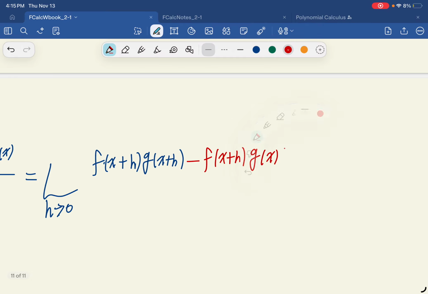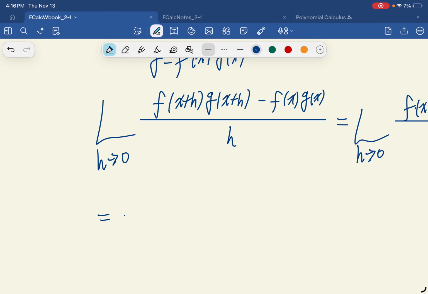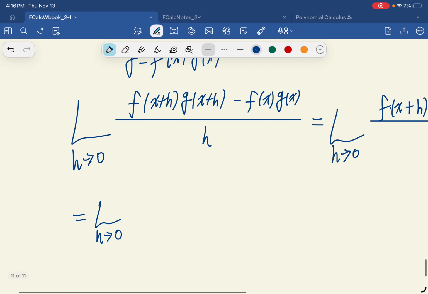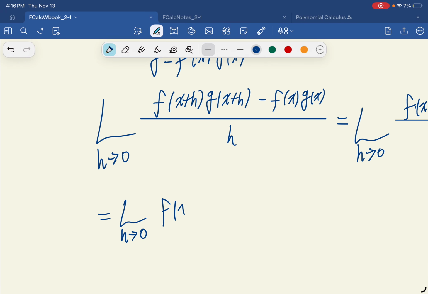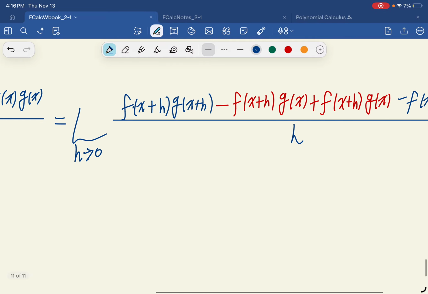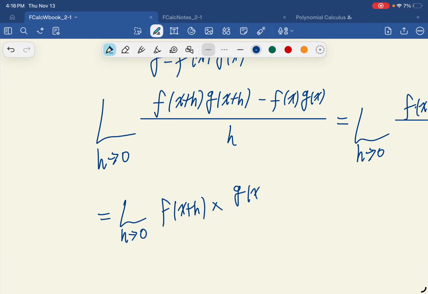Since I subtracted this, I'm going to add it back. And then we originally had our negative f of x, g of x. Okay, and this is all being divided by h. So that equals limit h goes to 0. And let's group this by f of x plus h. f of x plus h times we have g of x plus h minus g of x over h.